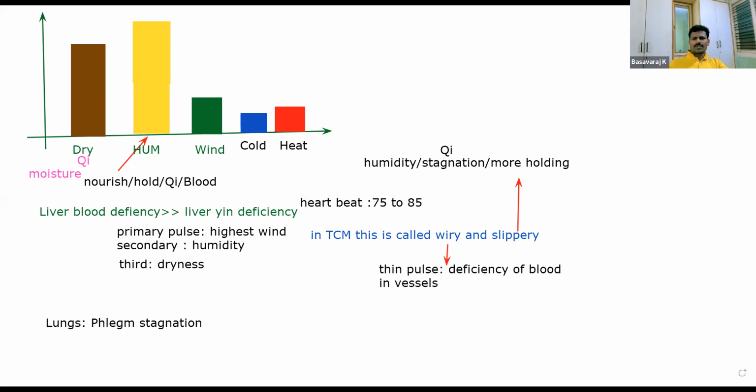So next question, let's take along with the dryness, humidity and wind. If a small wind energy is also there, what happens? Anybody can guess?